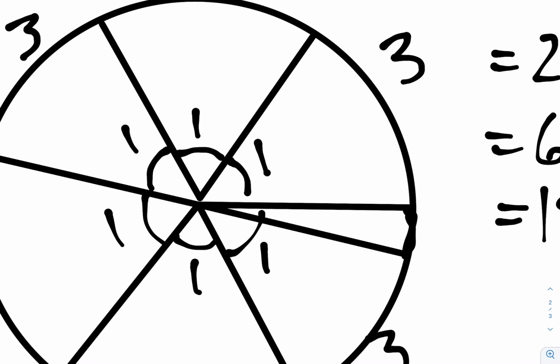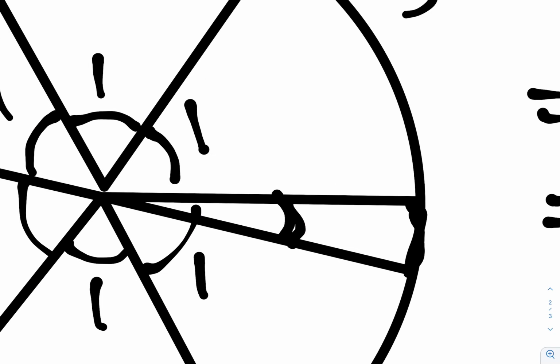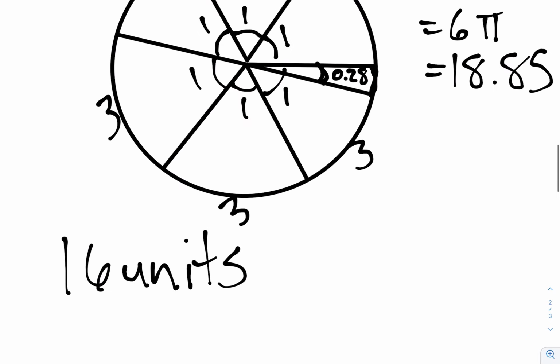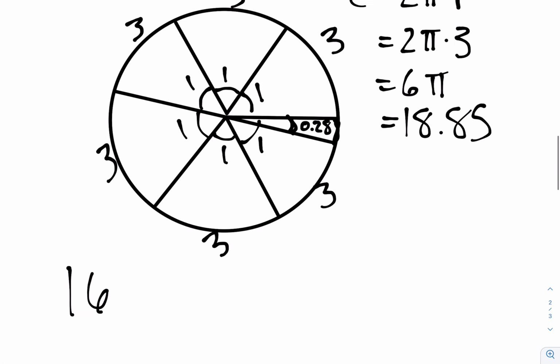Okay, and then this little bit right here, that's going to be the 0.28 left over, because 2 pi is about 6.28. So this will be 0.28. Right, so we have to do 16, which is all these 3's added up, plus 0.28 times, well, let's see here.